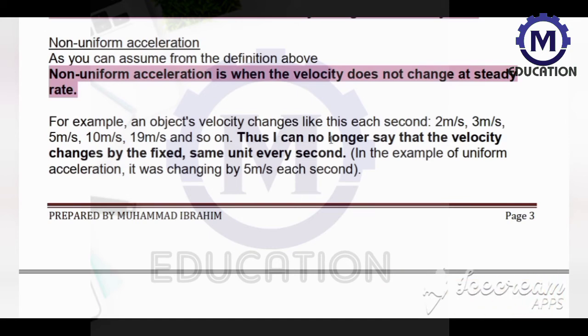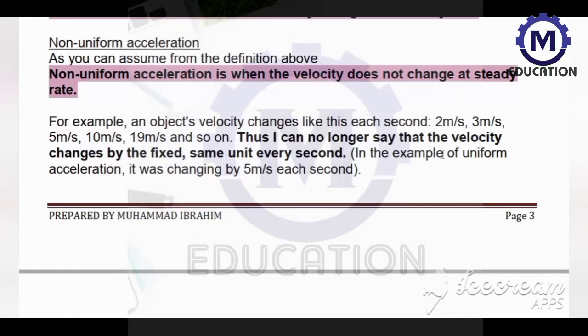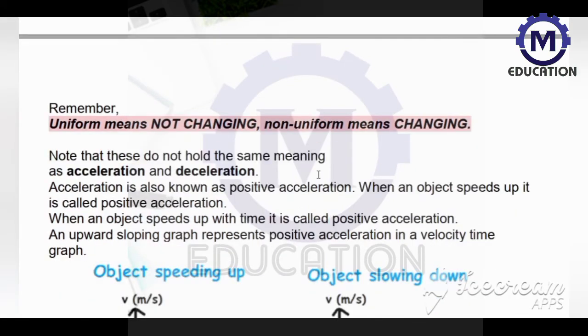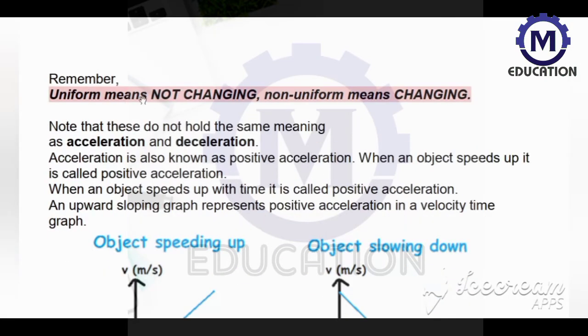Thus I can no longer say that the velocity changes by a fixed unit every second. In the example of uniform acceleration, it was changing by 5 meter per second. Remember, uniform means not changing and non-uniform means changing.